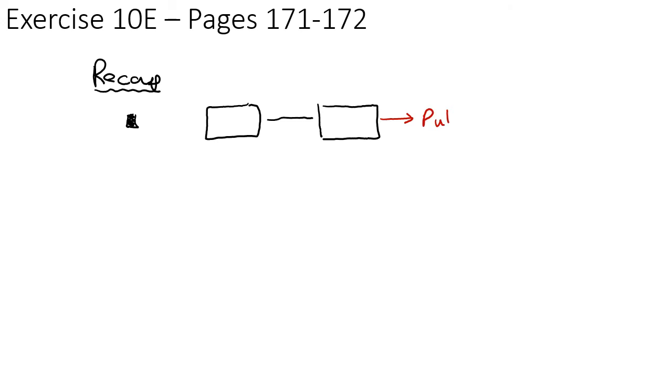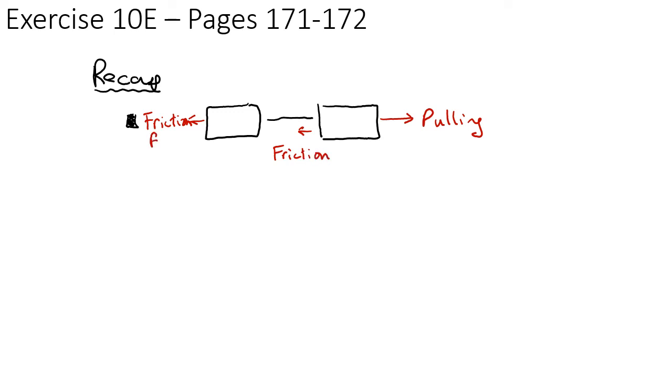So just a quick recap here. When we've got objects traveling in the same direction, let's say like this, and let's say that they're joined by some string. Let's say we've got a pulling force here, and we've got some friction or resistance here, and you might have friction from both of those.